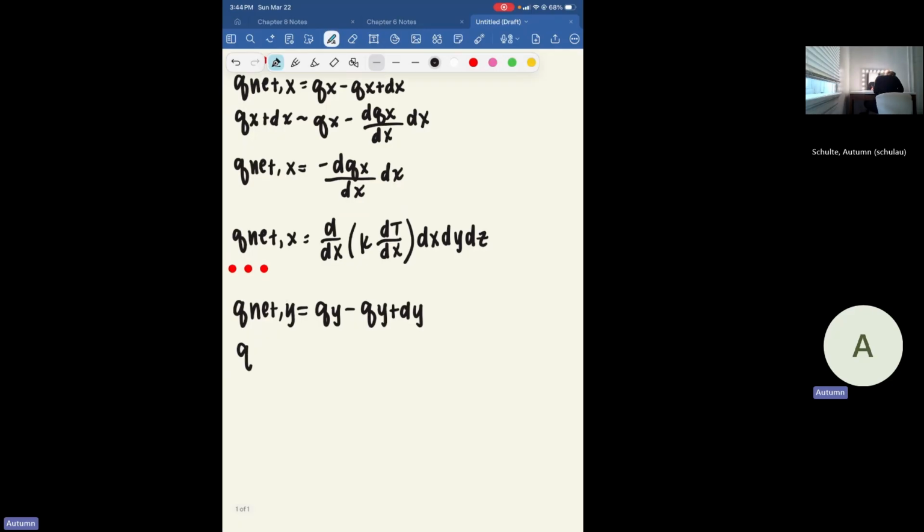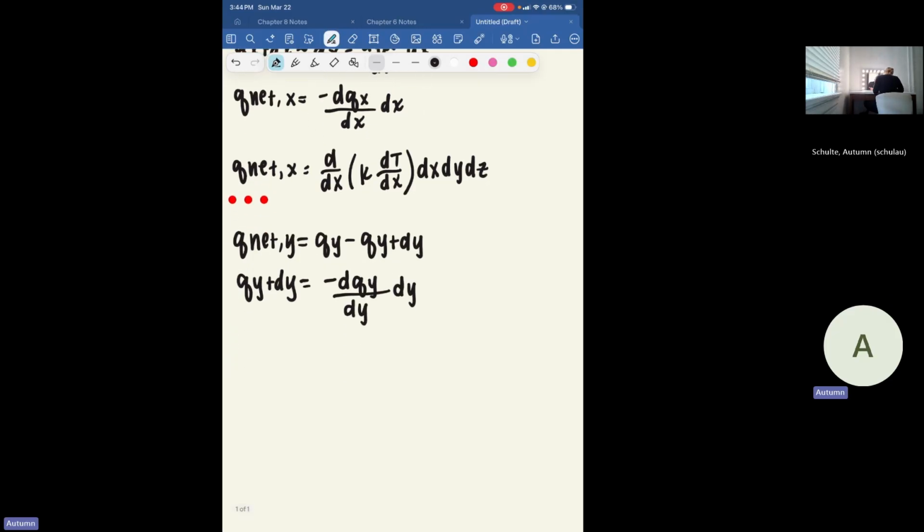Now we're going to use Taylor series approximations again, and we'll find that q at y plus dy is approximately negative the derivative of the heat flow at position y with respect to y multiplied by the distance we moved, dy. Now we can plug in Fourier's law. So this is going to be negative k A dT over dy.